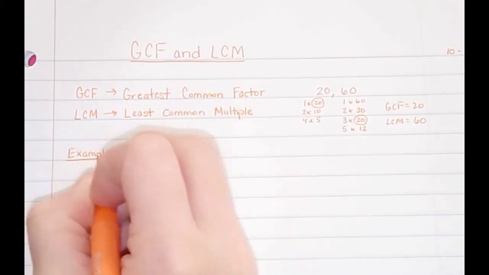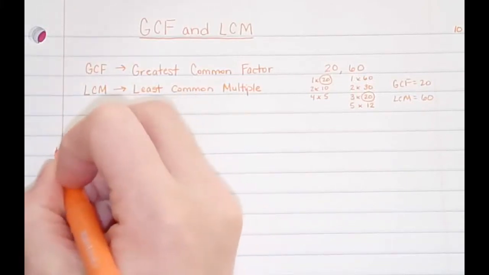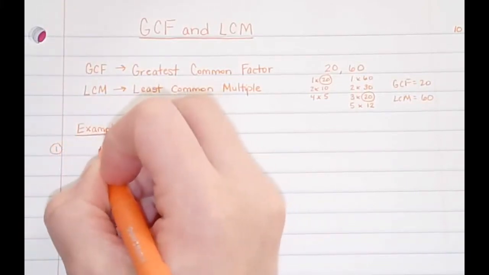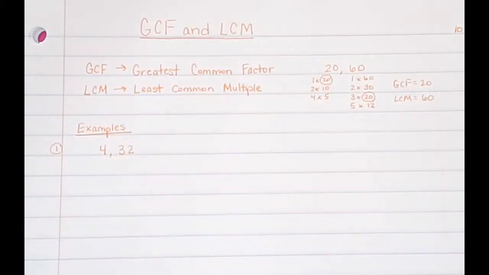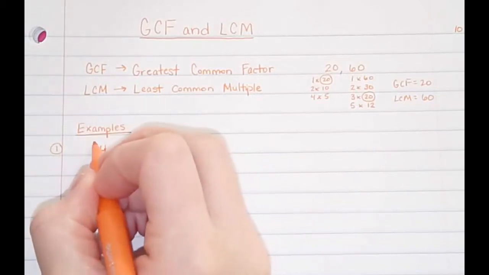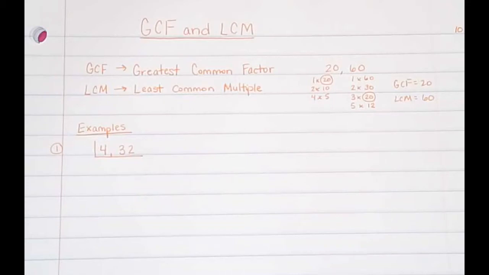So if we start with the numbers 4 and 32, they're going to ask, what's the GCF of 4 and 32? You draw an upside down division house, like when you're doing long division, and that's going to be a layer of your cake. Now ask yourself, what is a number that goes into 4 and also goes into 32? 2 works, 4 works.